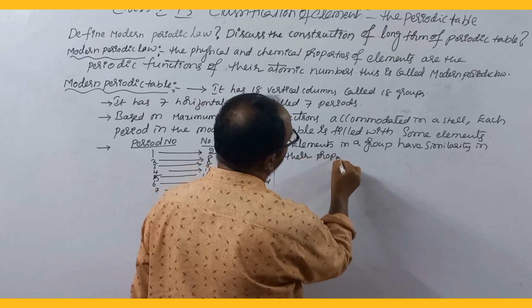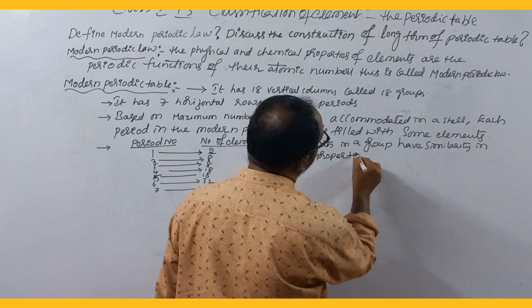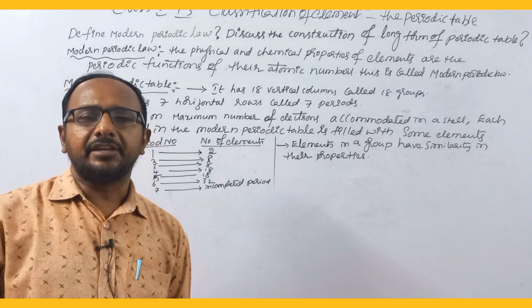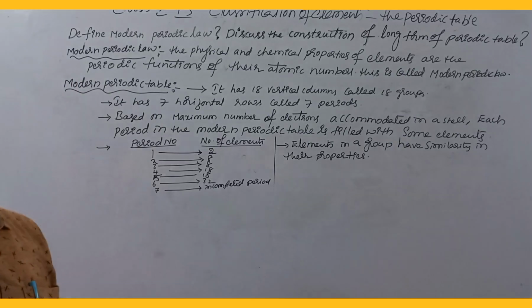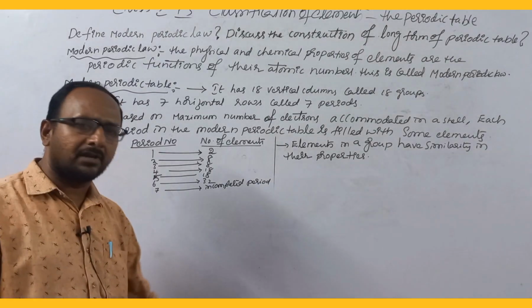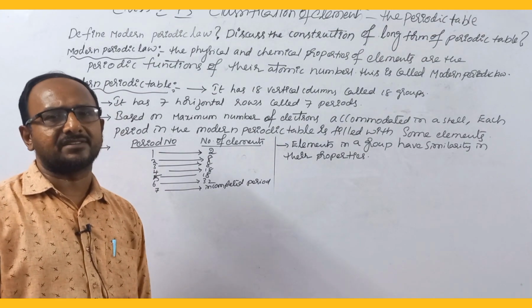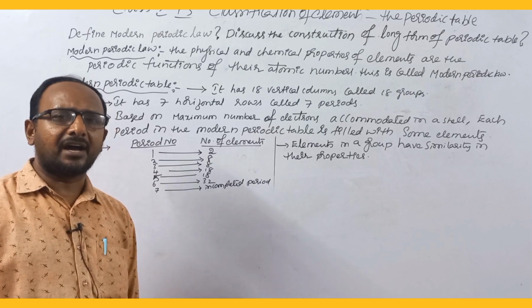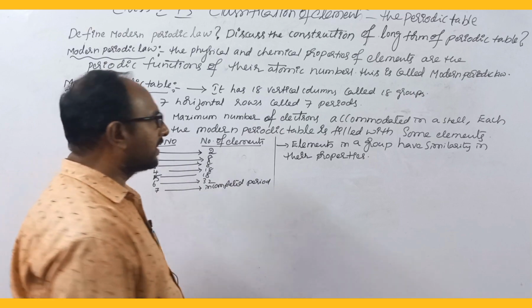Elements in a group have similarity in their properties because elements in a group have the same valency and valence electrons. So in any group, all the elements should have the same number of valence electrons and the same valency. That is why they show similarity in their properties.